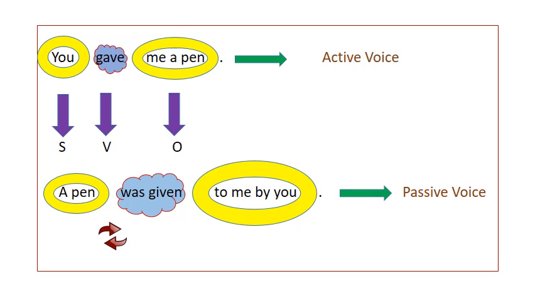"A pen was given to me by you." As it is past simple tense, we discussed that in the past simple tense, while writing the sentence in the passive voice, we can use "was" or "were" as auxiliary verbs. So "a pen" is a singular subject, so the auxiliary verb used here will be "was."